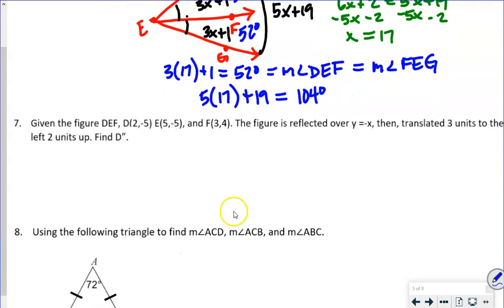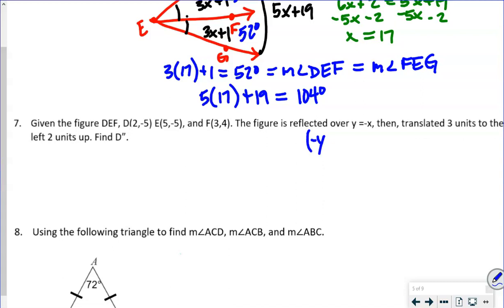The next one says, given the figure DEF, and it gives us the points, the figure is reflected over y equals x, then translated 3 units to the left and 2 units up, okay? So this time we're reflecting over y equals x, okay, so that's the rule what?